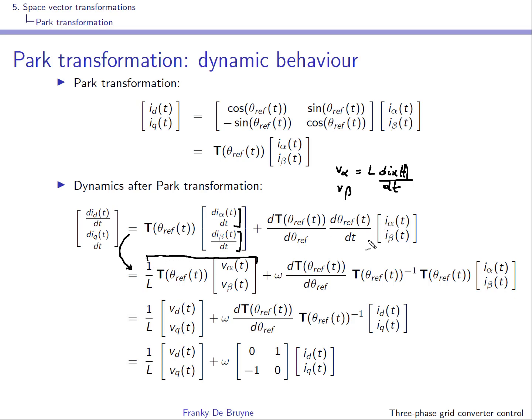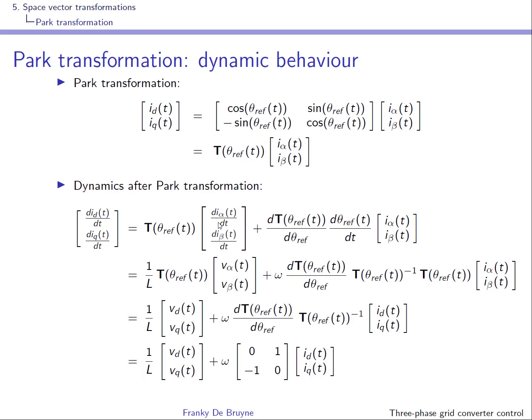If you take the time derivative of the reference angle, this will produce the omega, and the omega is over here. And here I have simply introduced an identity matrix, by saying we are going to use this rotation matrix inverse times the rotation matrix itself. So I have not changed anything by introducing this identity matrix.